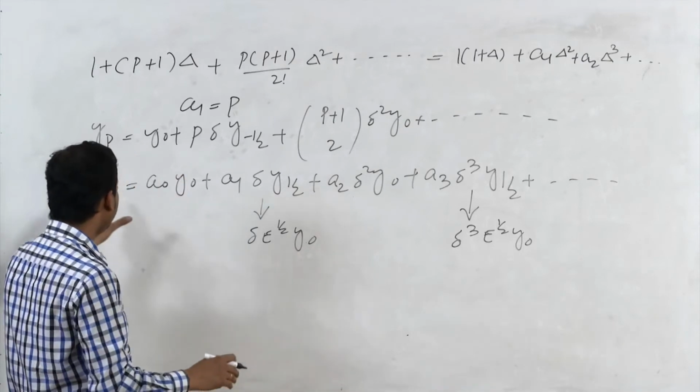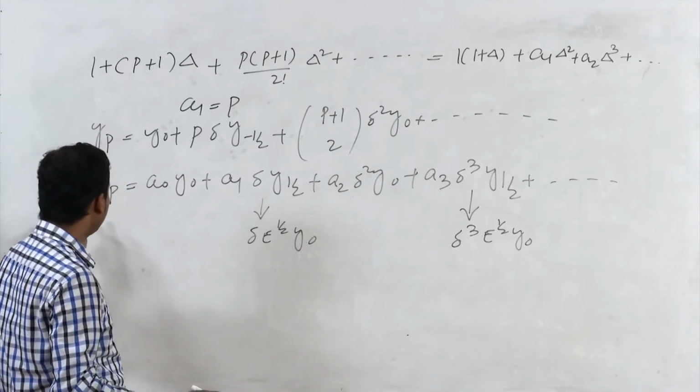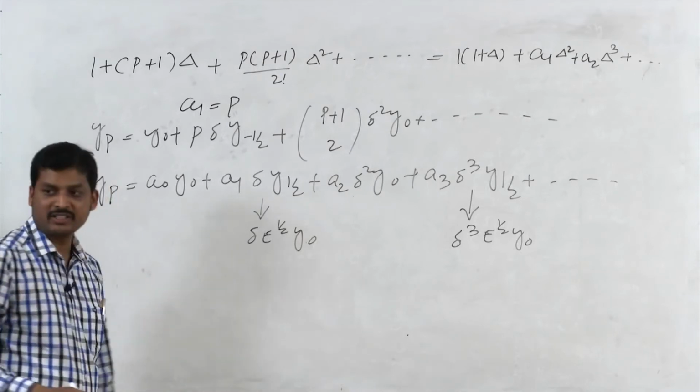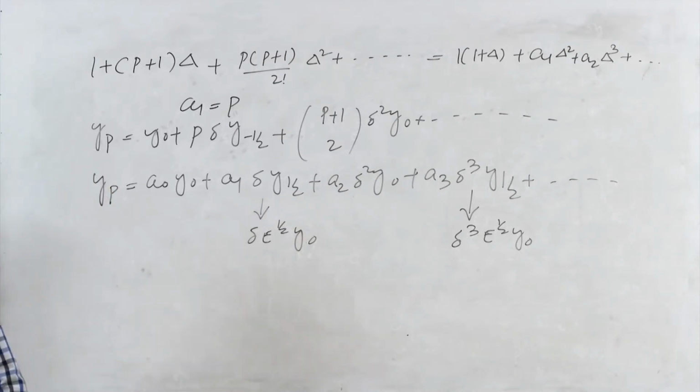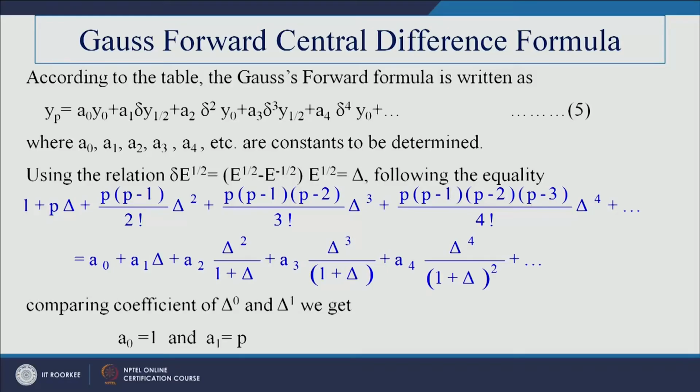So if you write it in operator form, we can write the left hand side as 1 plus p delta plus p into p minus 1 by factorial 2 delta square plus p into p minus 1 into p minus 2 by 3 factorial delta cube. This equals a0 plus a1 delta plus a2 delta square by 1 plus delta, a3 delta cube by 1 plus delta, a4 delta to the power 4 by 1 plus delta whole square, plus up to a finite number of terms.